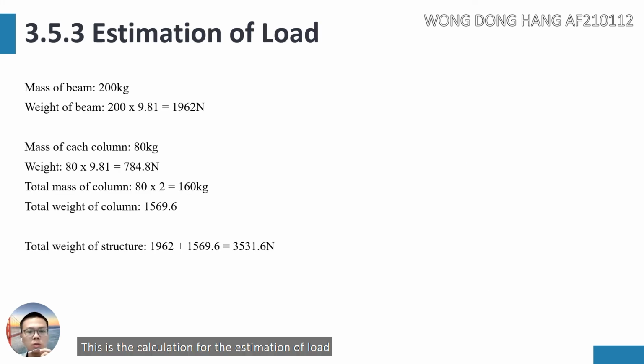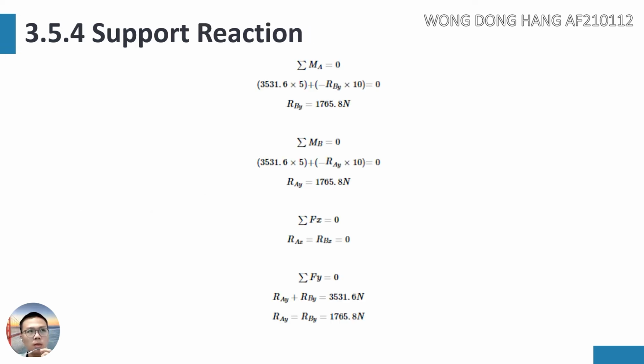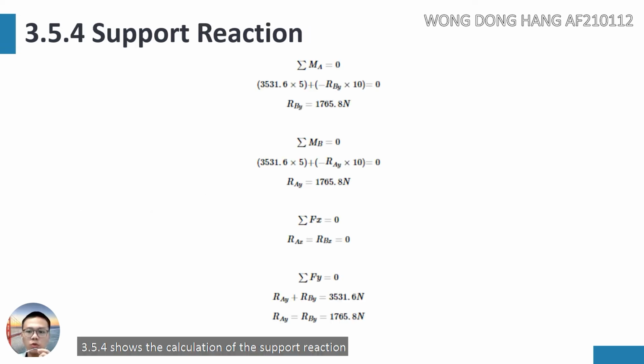This is the calculation for the estimation of load. 3.5.4 shows the calculation of the support reaction. The reactions Ay and By are the same, with the amount of 1765.8 Newton.